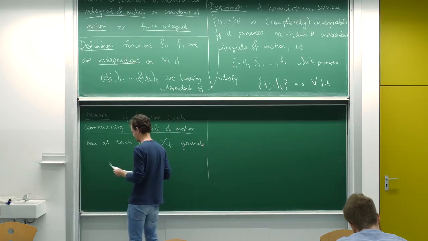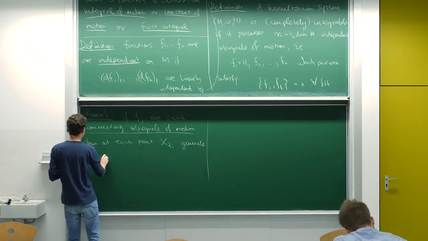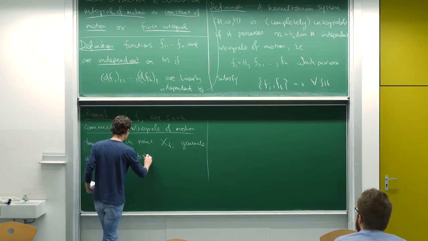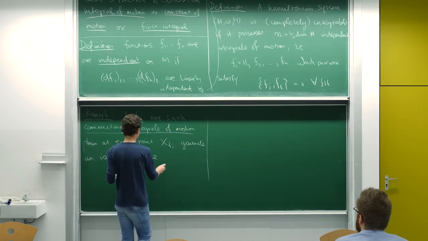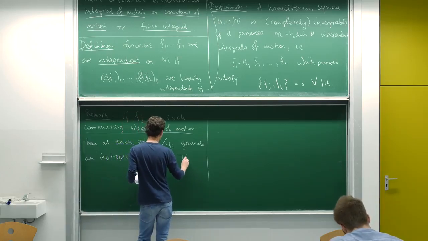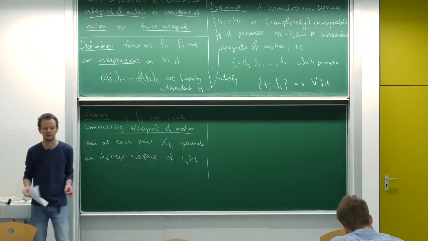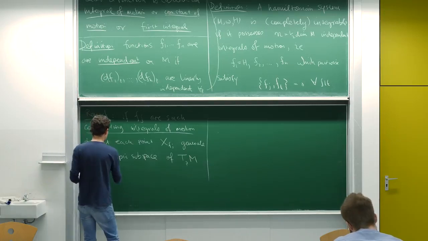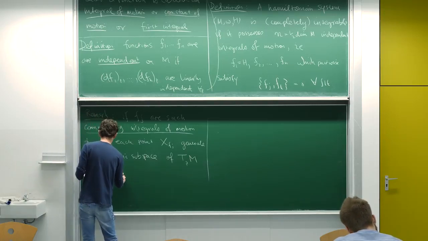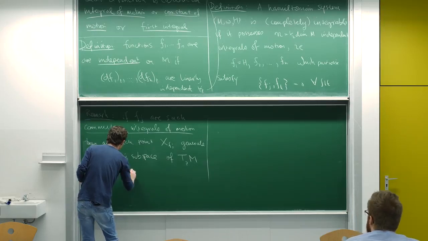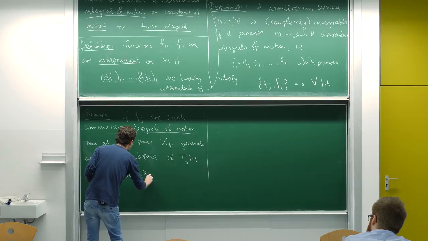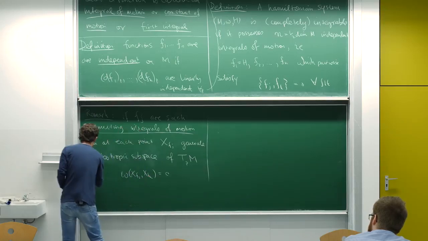The submanifold bit comes later. At the moment, we can definitely say that we have a Lagrangian subspace generated by these X_{F_J}, and that's because we know that the Poisson bracket of F_J and F_K equals 0.